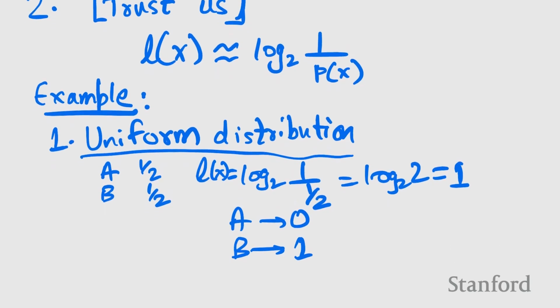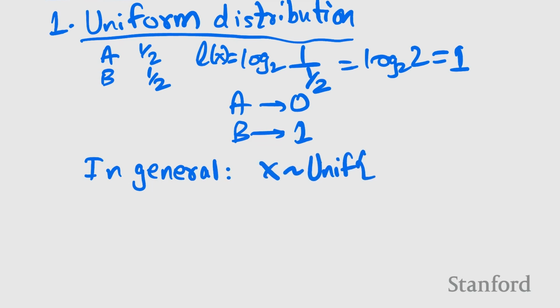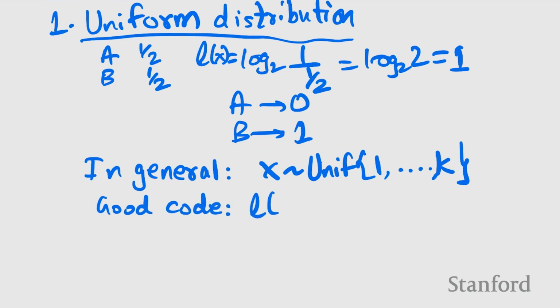Let me give you another example. Let's do it in general. If x is uniformly distributed in 1 to k, then a good code will have length of a symbol x roughly equal to log base 2 of k.